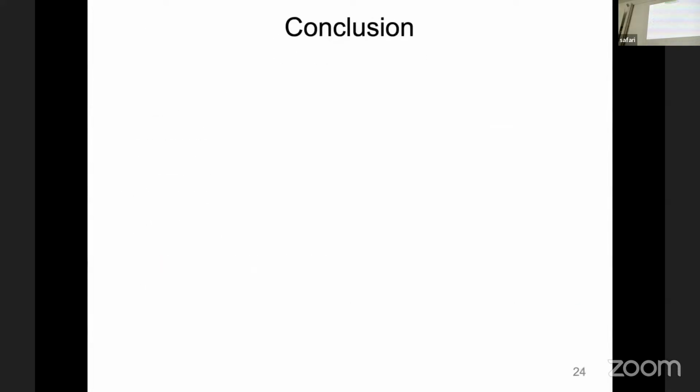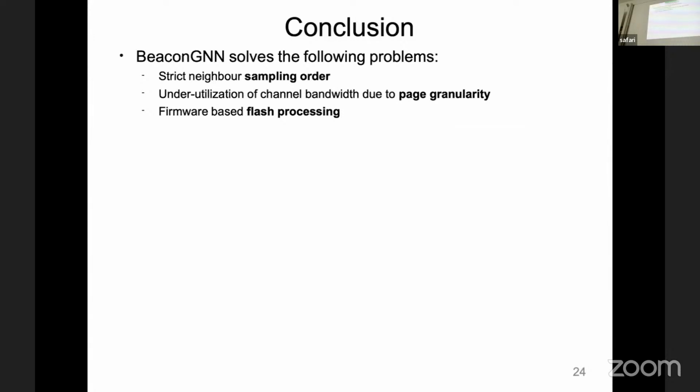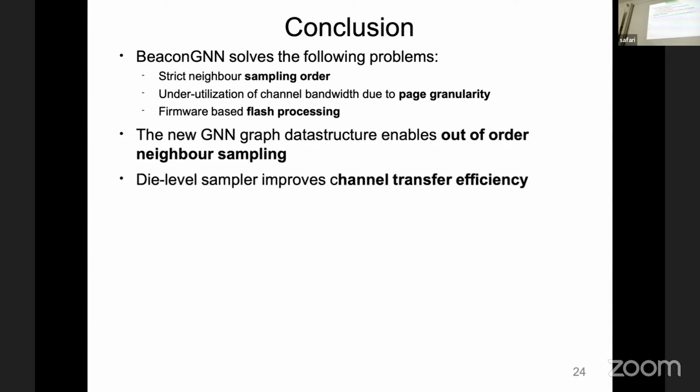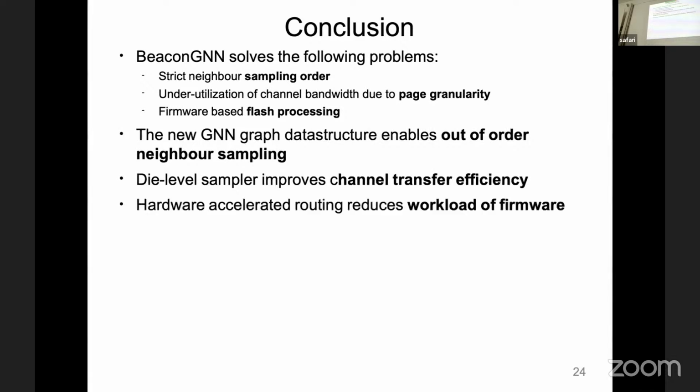So they conclude essentially that BeaconGNN solves the problem of the interrupt barrier, then solving the channel utilization and the firmware workload. For the sampling order, what I said previously, the data structure basically enables the out-of-order execution. The die-level sampler then improves the channel transfer efficiency.